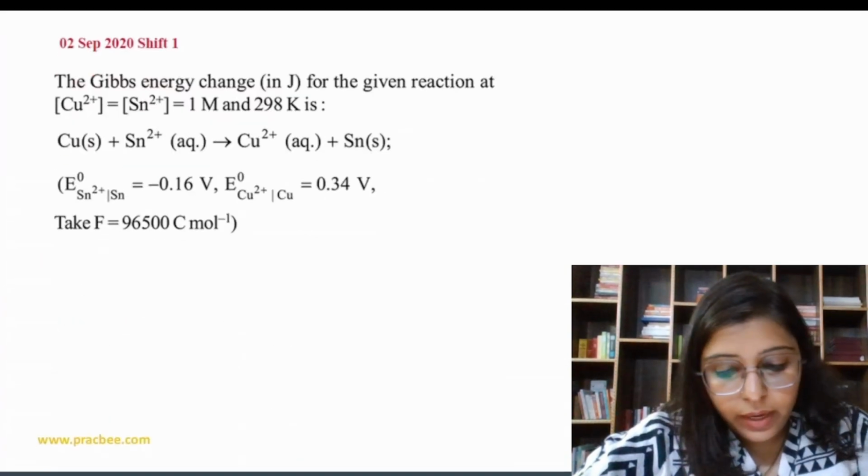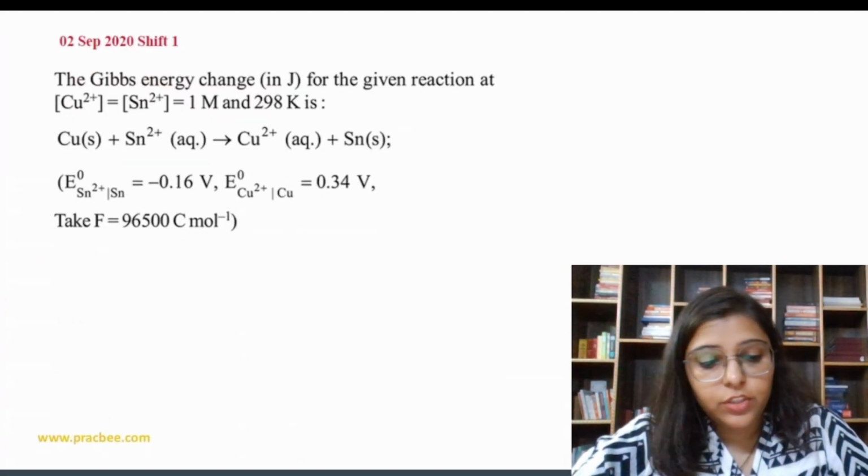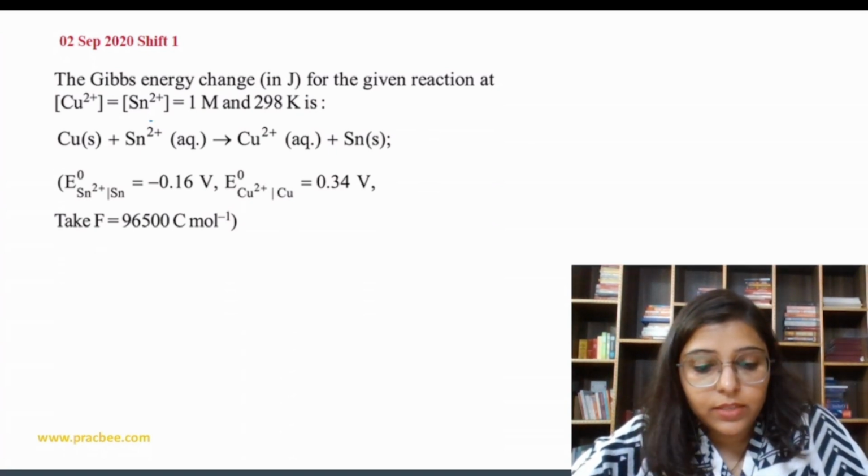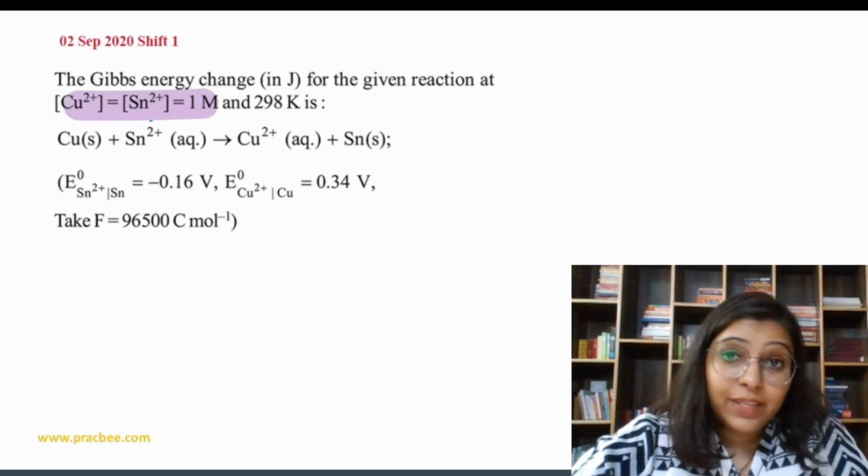Okay. Now, next question. The Gibbs energy change for the given reaction at this Cu2 plus concentration is equal to Sn2 plus concentration, which is equal to 1 molar. And we have to find out the Gibbs energy change.